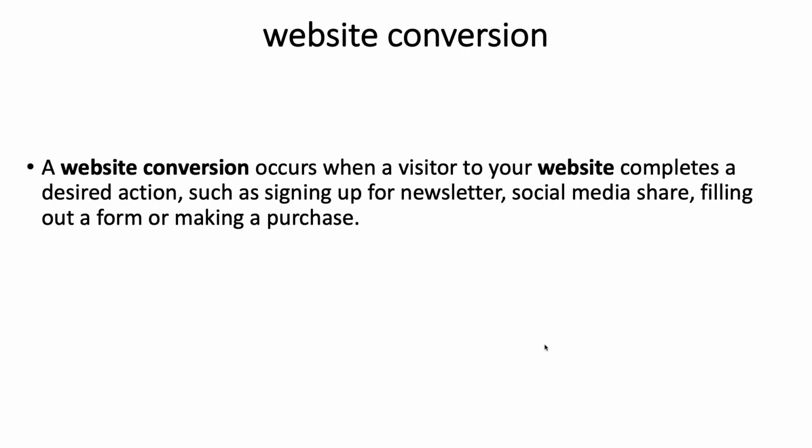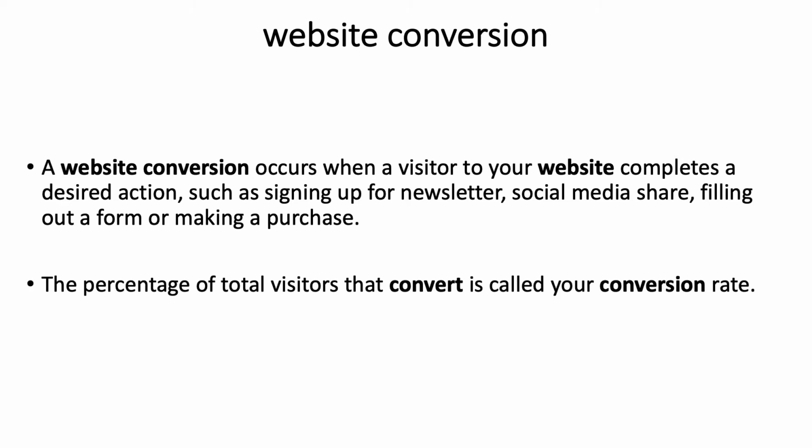Website conversion occurs when a visitor to your website completes a desired action, such as signing up for a newsletter, social media share, filling out a form, or making a purchase. The percentage of total visitors that convert is called your conversion rate.